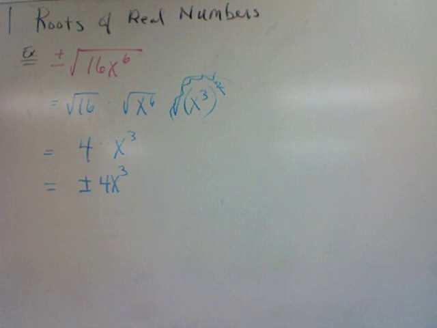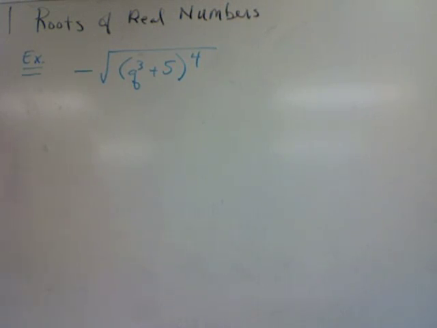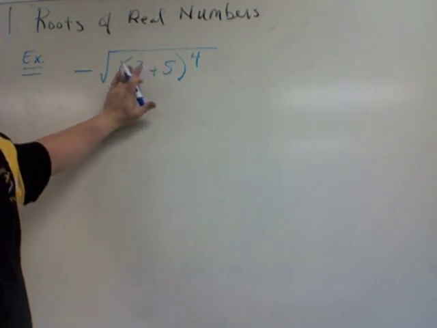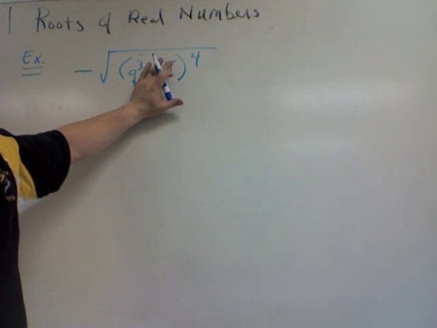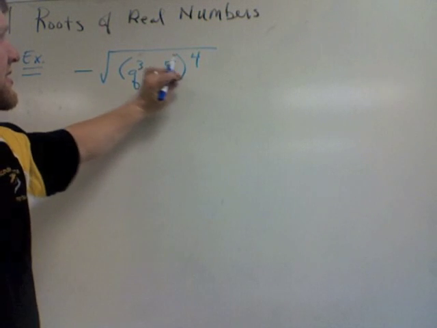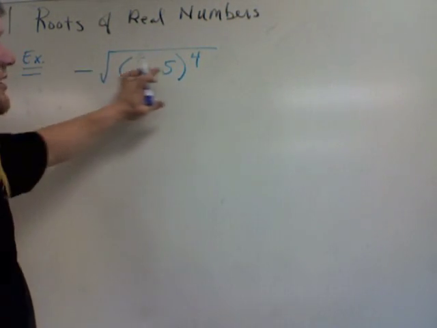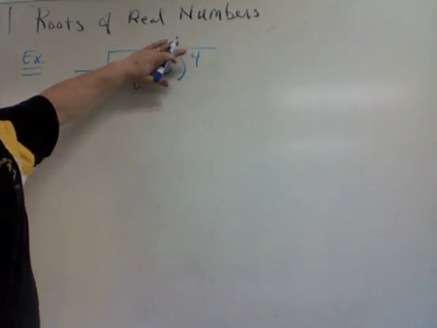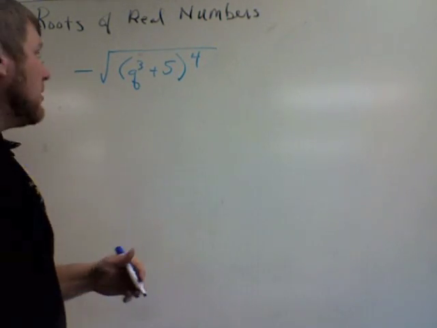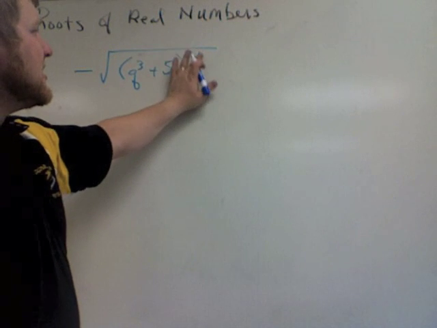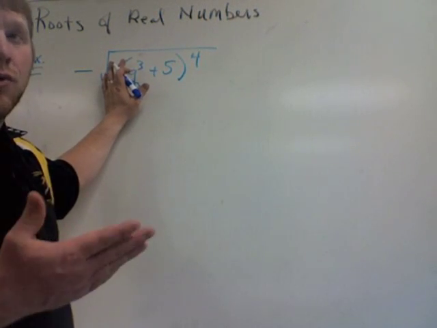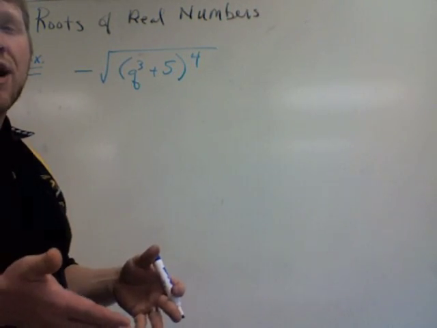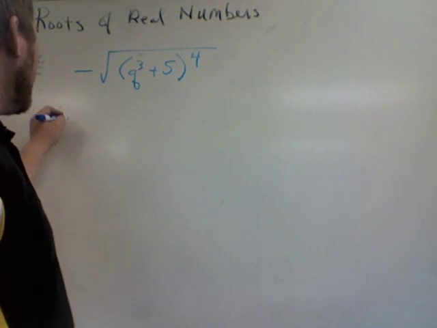In this particular situation, I think they're just trying to confuse us, because we really don't have to worry about anything inside the parentheses. All we have to worry about is taking the square root of this entire quantity to the power of 4. Remember, if I can write the inside as a power of 2, then the power of 2 and the square root would cancel each other out, and I'd be done. Let's see if I can do that.